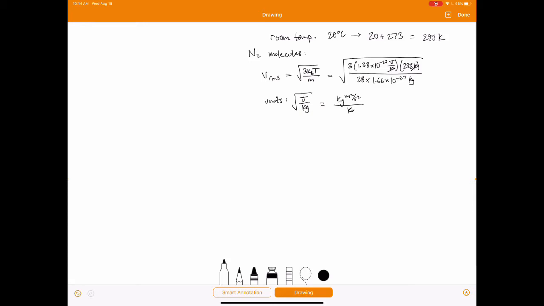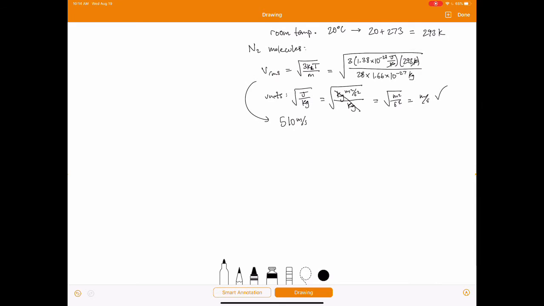And so we're dividing that by kilograms and then taking the square root. And then we'll cancel out kilograms. So it's the square root of meters squared per second squared, which is just meters per second. That's what we expect a speed to come out in. I just want to show you that it does work out that way. And if you do the calculation, you're going to get 510 meters per second.